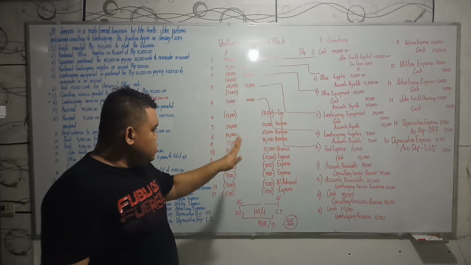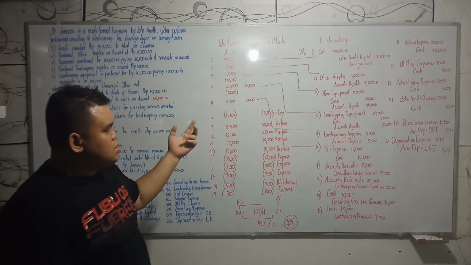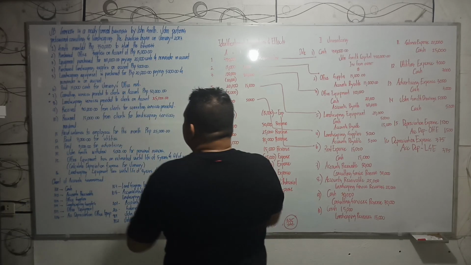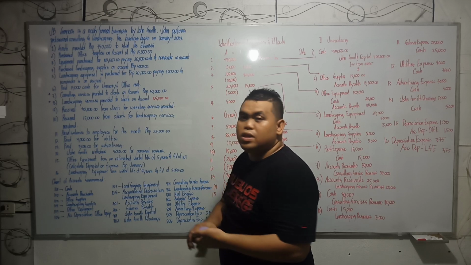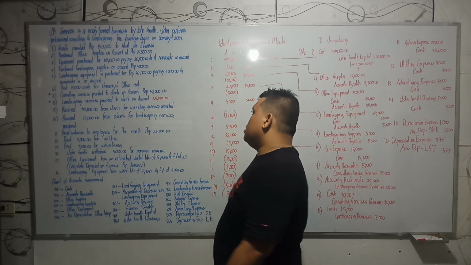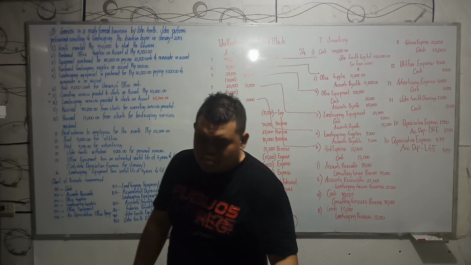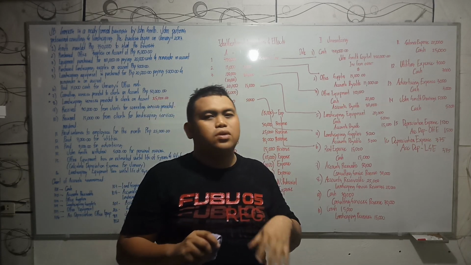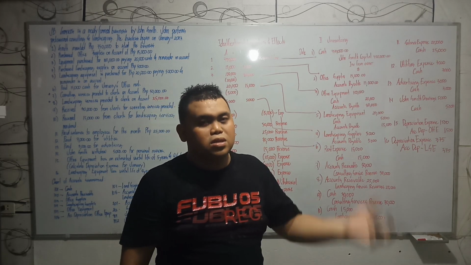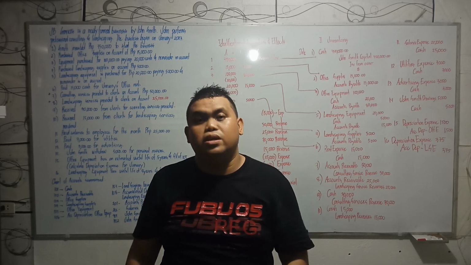So there are no adjusting journal entries here except for 7 and 8, which are all accrued revenues. Okay? So, again, the most difficult part of the accounting cycle is the journal entries and adjusting journal entries, and you have to master it.